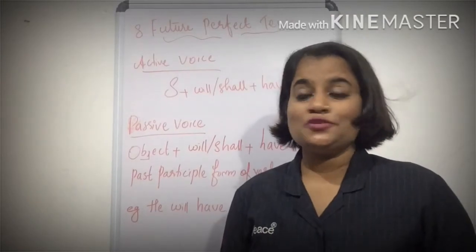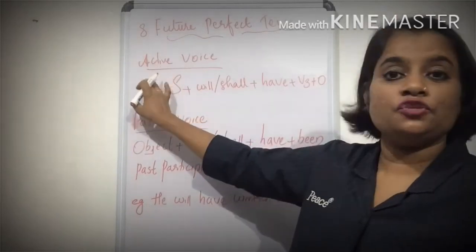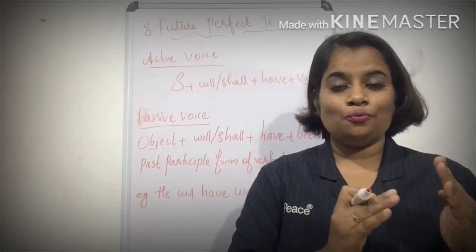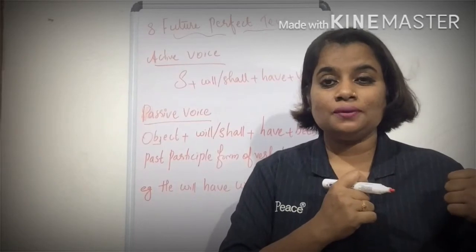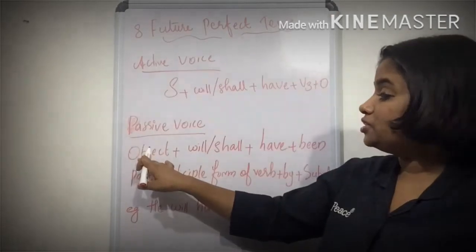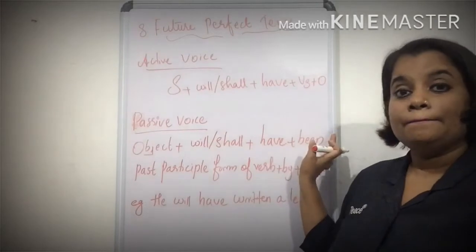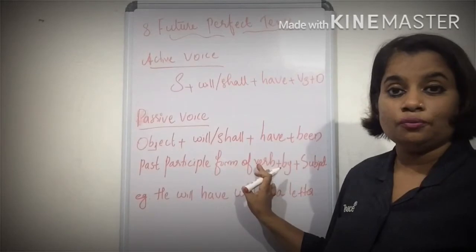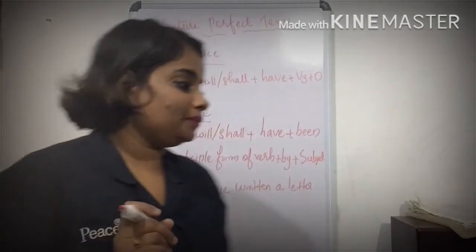Next one is in the case of future perfect tense. Okay. So future perfect tense active voice structure is subject plus will or shall plus have plus verb third form, means past participle form of verb, plus object. Okay, but in the case of passive voice, object comes at the beginning. Object plus will or shall plus have plus been plus past participle form of verb, means verb third form, plus by plus subject. Okay, let's see the example.